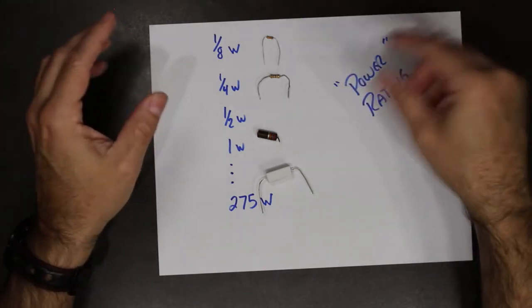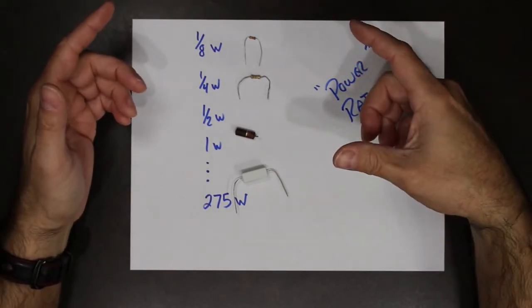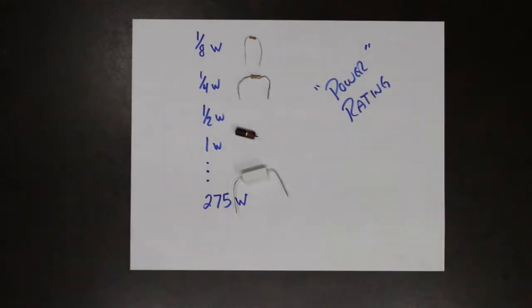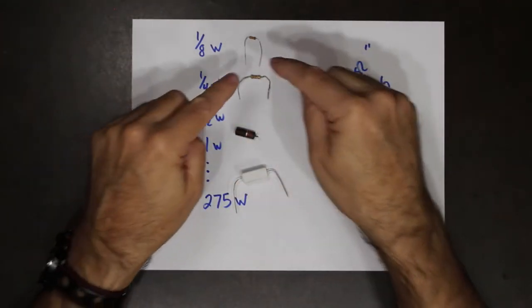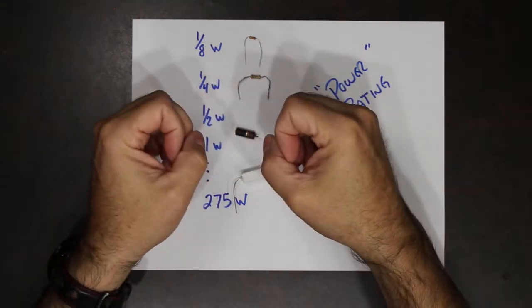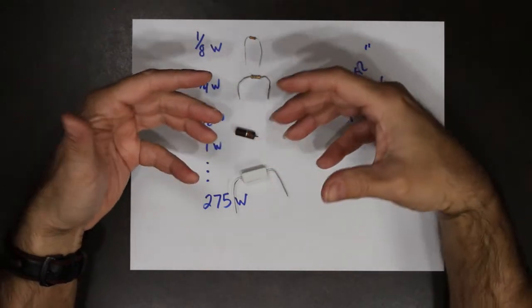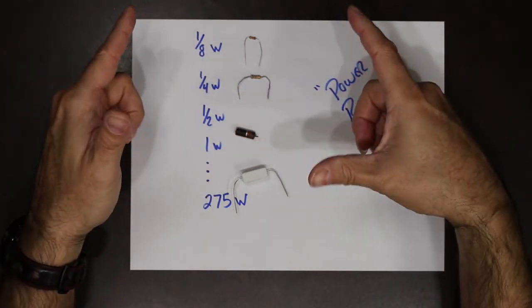So the physical size has nothing to do with the actual resistance, but it has to do with the amount of power, the amount of heat it can dissipate. The larger the surface area, the more heat you can actually get rid of. Therefore, that resistor can dissipate more power.